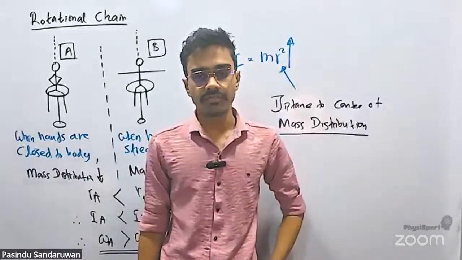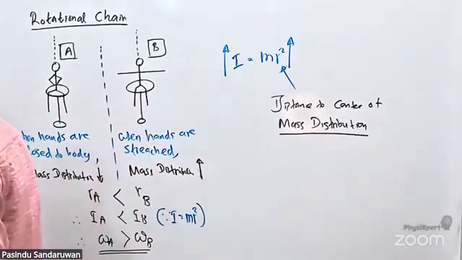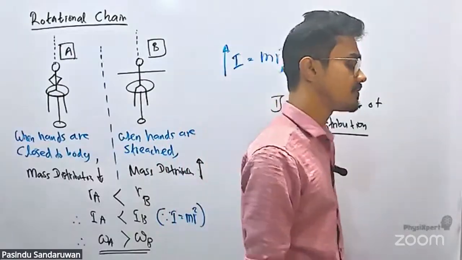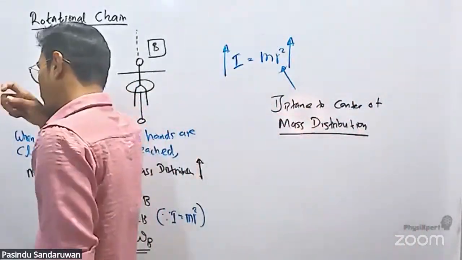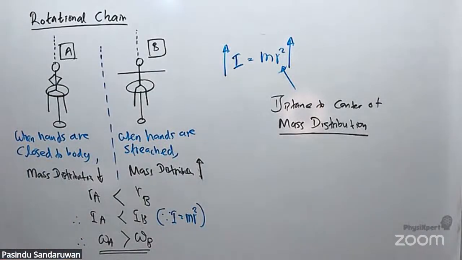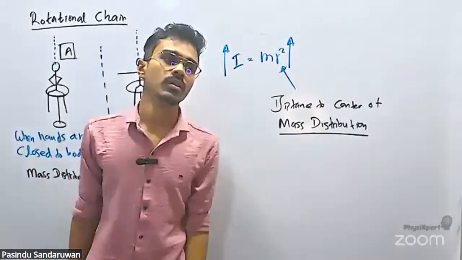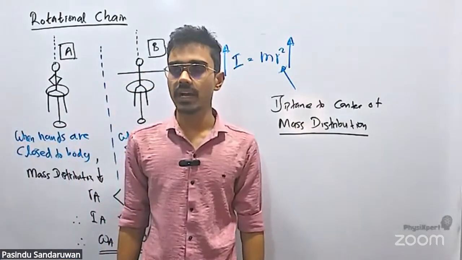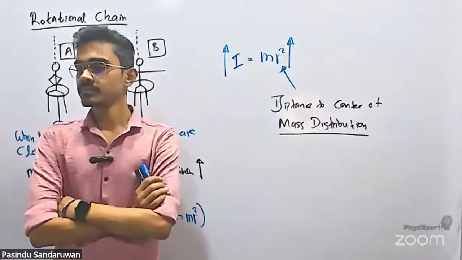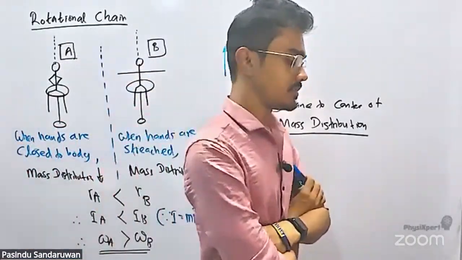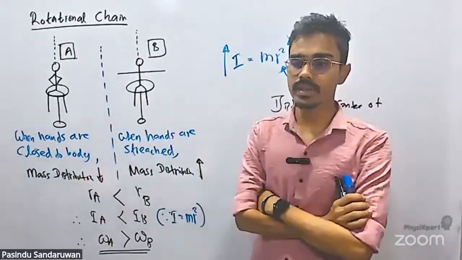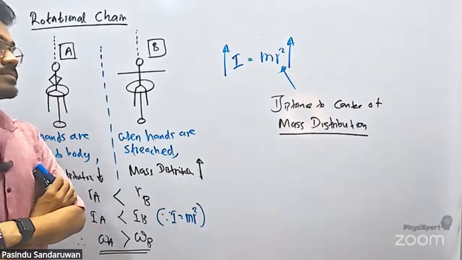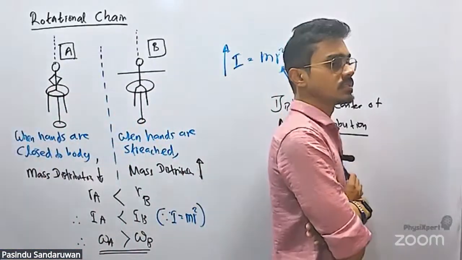According to the law of conservation of angular momentum, the product of I omega is constant.